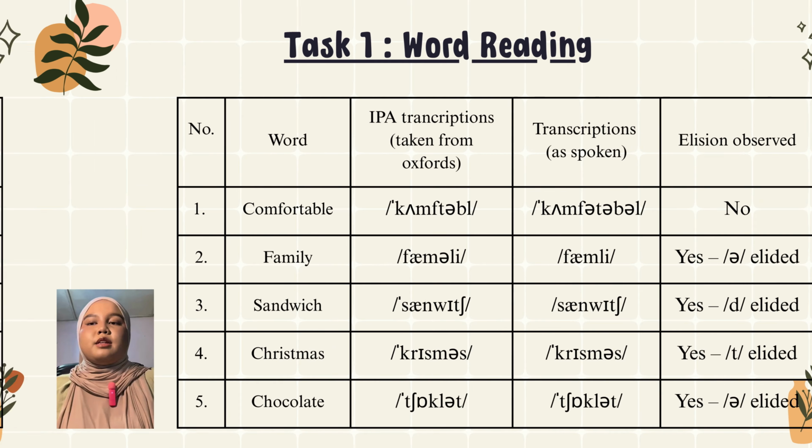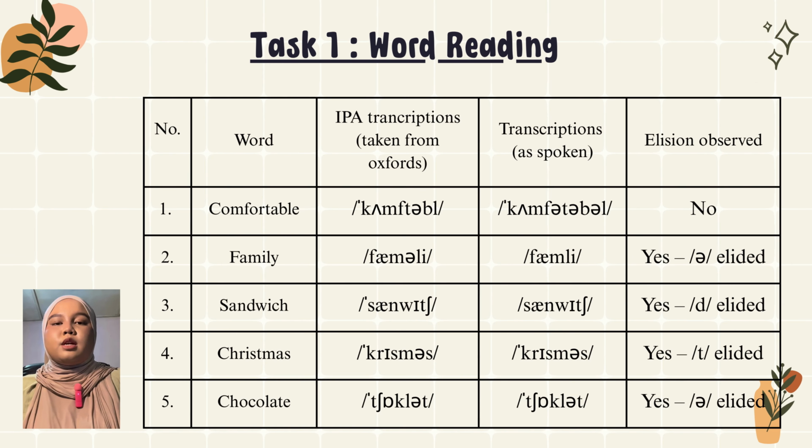And the last word for task 1 is chocolate. Let's hear the participant's pronunciation. There is an elision observed in the word. So there's a vowel reduced there.